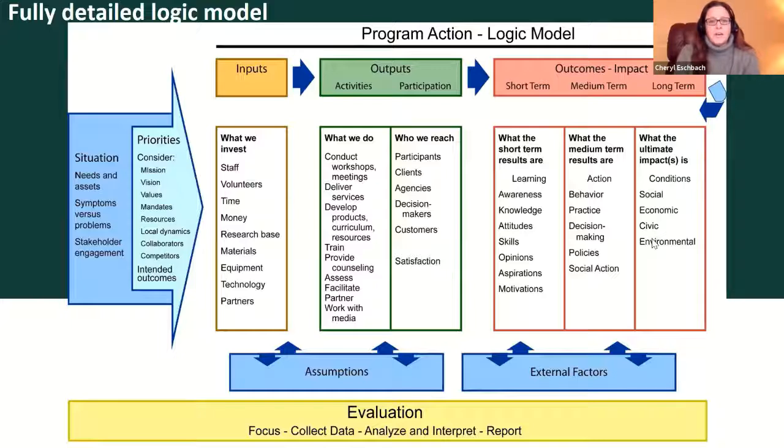It helps them think about all those different pieces that go into our program. Sometimes we remember the program delivery and what we did, but it helps to step back and think about what were those other investments we made, including staff time, volunteers that we've had involved. Maybe even there's a co-facilitator or a partner on the program with us.